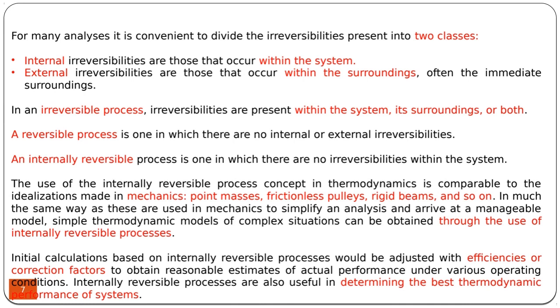The pulleys are assumed to be frictionless. The beams are assumed to be rigid, and so on. So these are the assumptions of irreversibilities in mechanics. But in the case of thermodynamics, our irreversibilities may include no heat transfer on the boundary, no friction within, for instance, a turbine, and so forth.